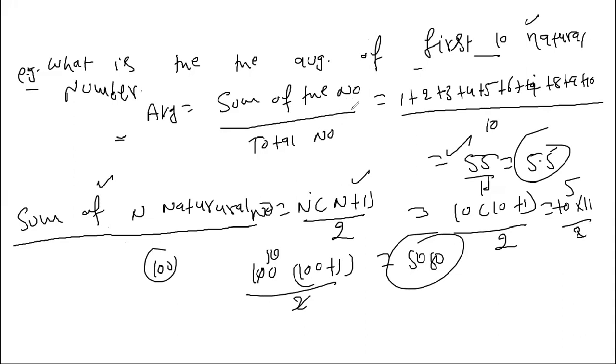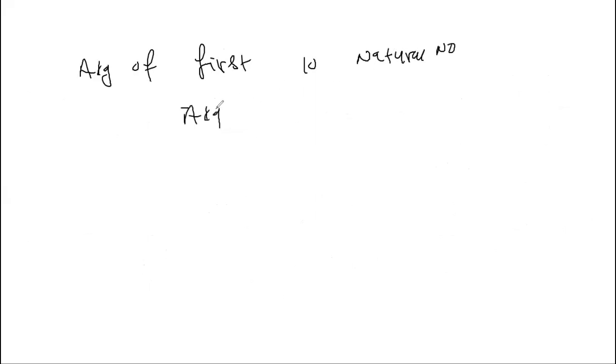So now, the average of the first 10 natural numbers. What will it be? What I told you, average is equal to the sum of the numbers divided by the total number.